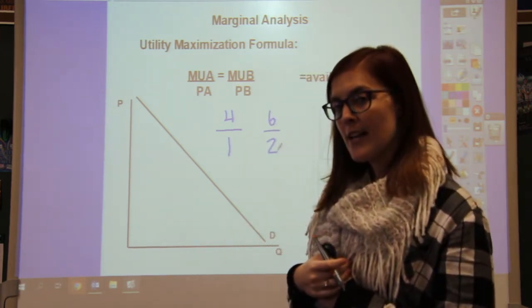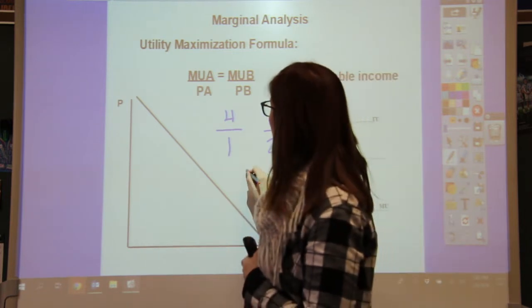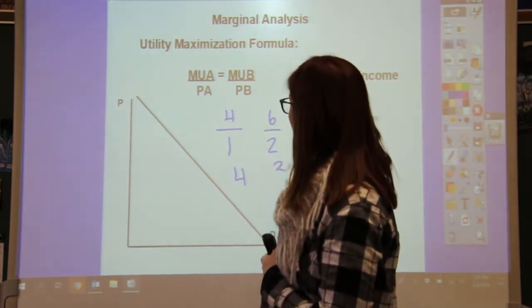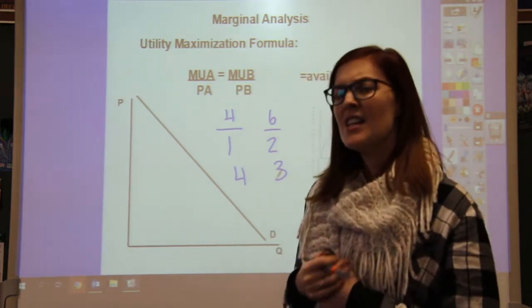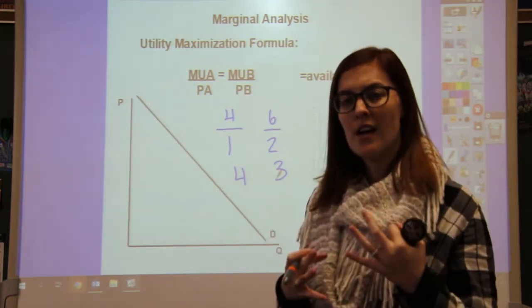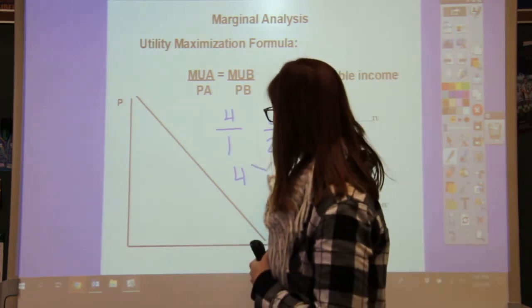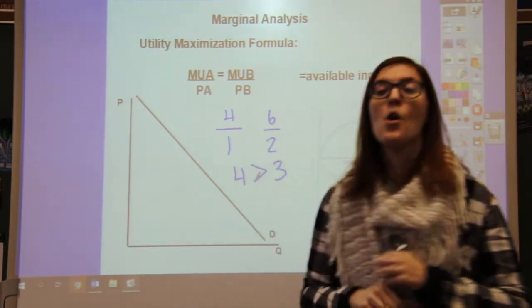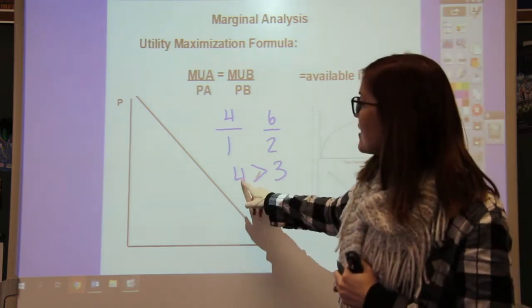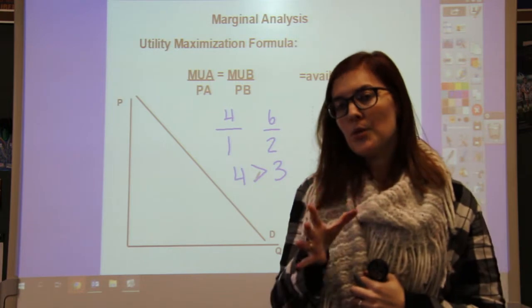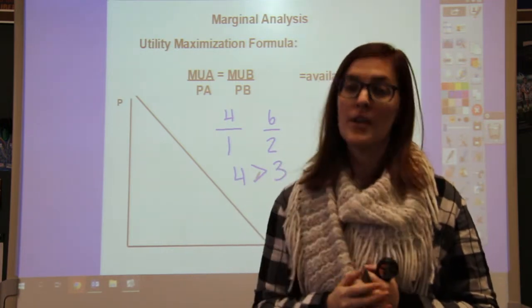So if I simplify that problem, my marginal utility over price of Oreos is 4, and my marginal utility over price of Chips Ahoy is 3. So with that price and utility combination, I'm not willing to consume as many Chips Ahoy cookies as I am Oreos, because my Oreo number is greater than my Chips Ahoy number. So what I'm going to do is keep consuming more Oreos.